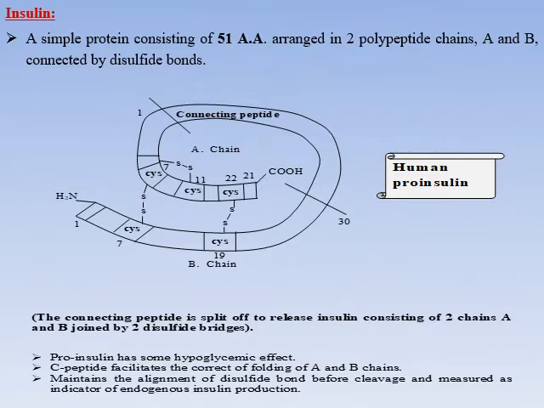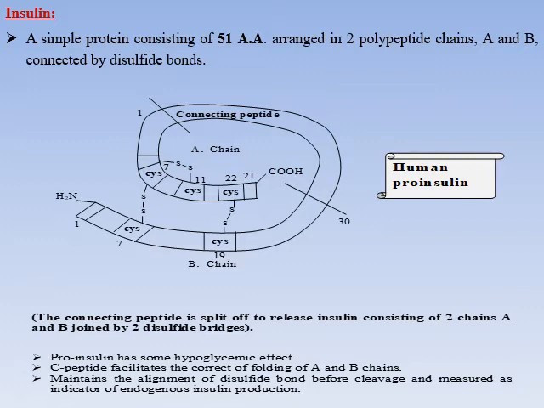Here we have the structure of proinsulin that consists of two polypeptide chains, A and B chain, connected by C peptide or connecting peptide. The insulin consists of 51 amino acids arranged in these two polypeptide chains.